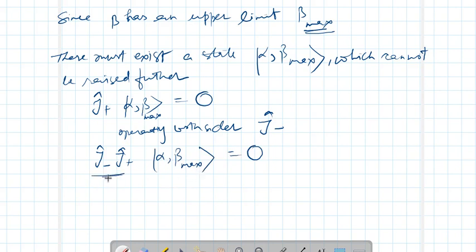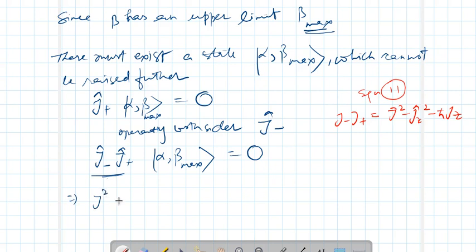Let me substitute its value as I know from equation 11 of our lecture, that J−J+ = J² − Jz² − ħJz. So it becomes (J² − Jz² − ħJz)|α,β_max⟩ = 0.